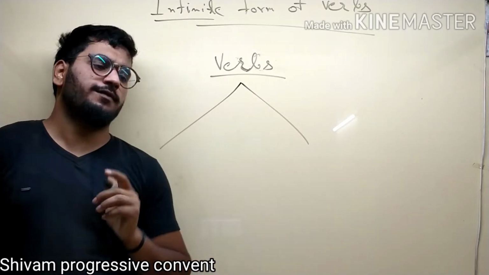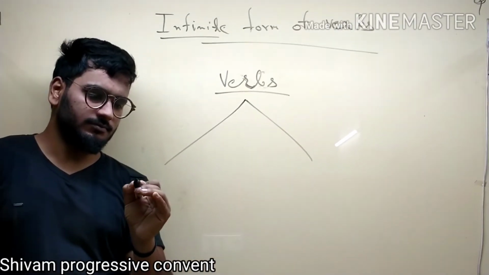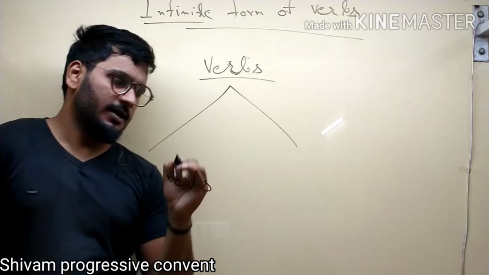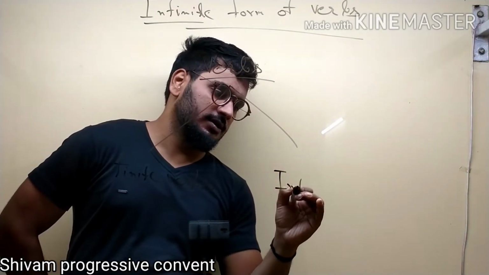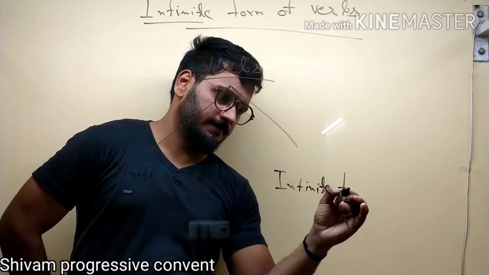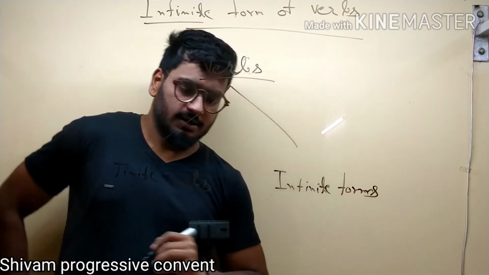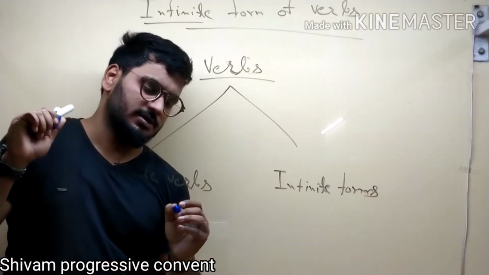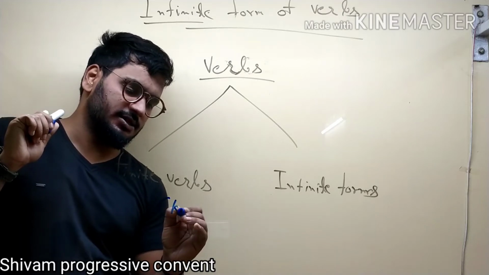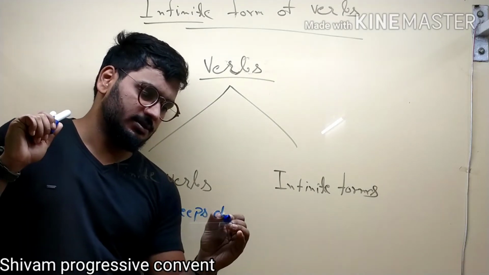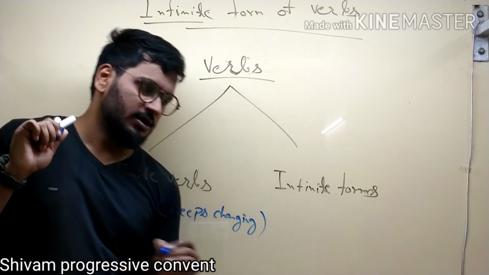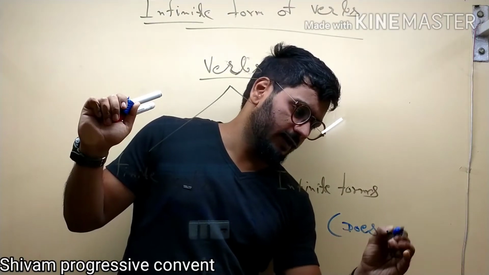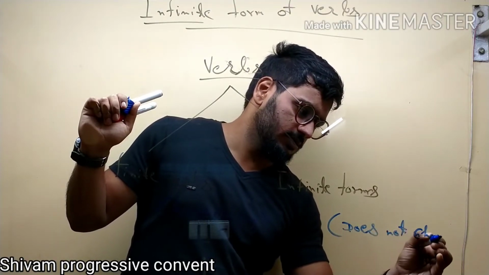So verb has two forms: finite verbs and the other form, infinite forms. The easiest trick to find out finite and infinite forms is that finite verbs keep changing, but infinite forms do not change.